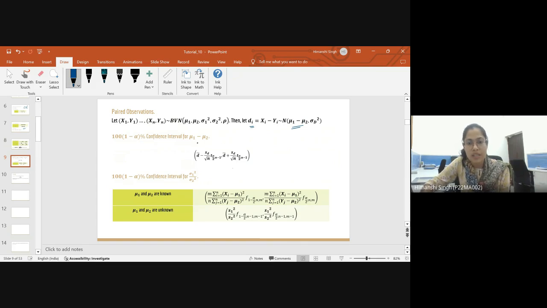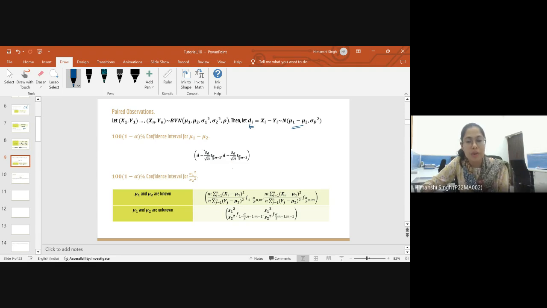If I consider these di's, the mean of the di's is d bar, and the interval is d bar minus sd divided by root n times t alpha by 2, n minus 1. Here sd is the standard deviation of these observations. So this is for the difference of the means.